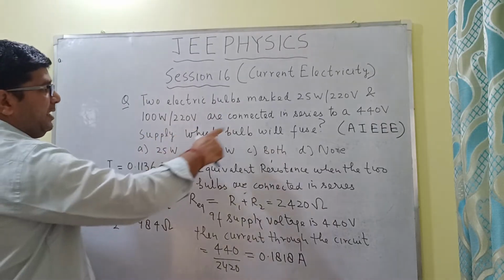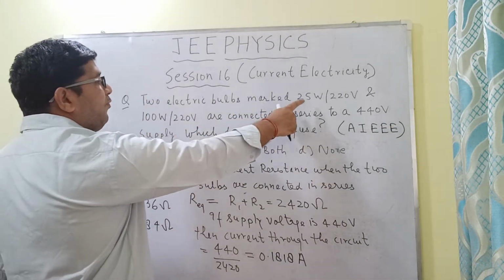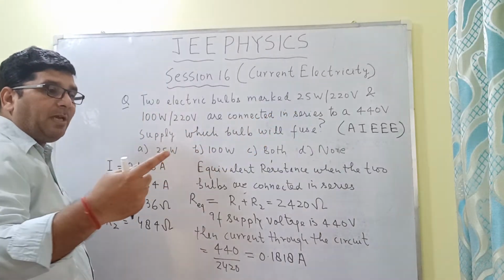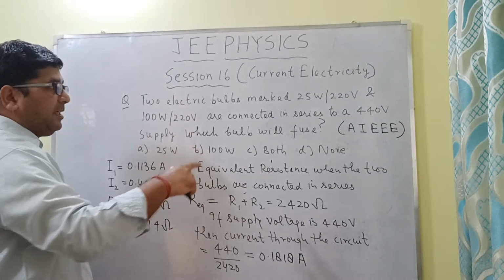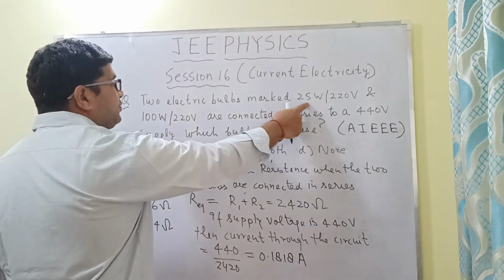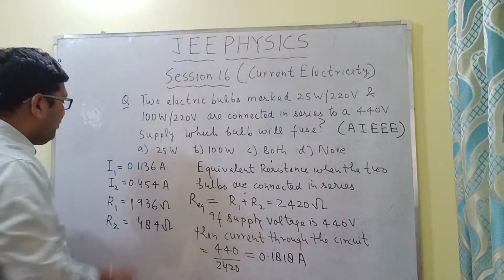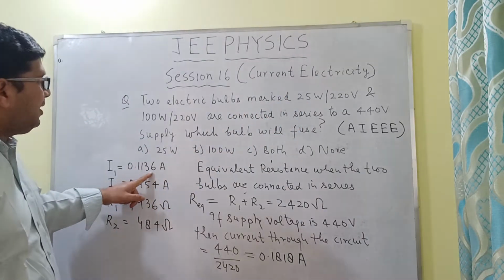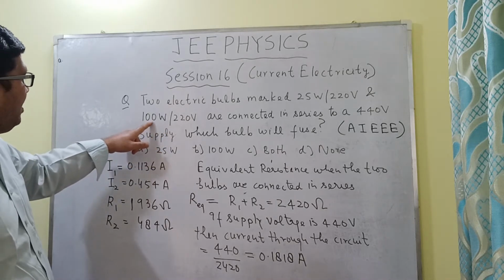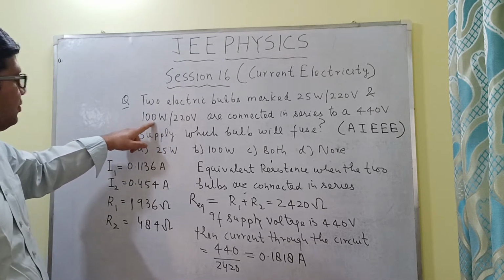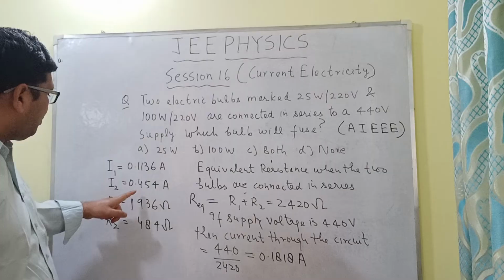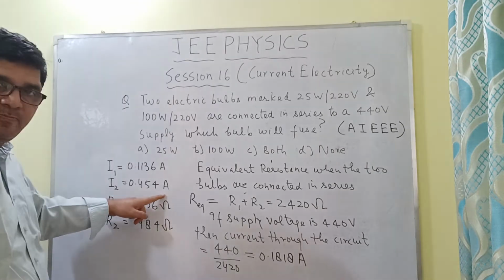So the maximum allowable current which can flow through this 25 watt bulb is 0.1136 ampere, and the maximum allowable current which can flow through the 100 watt bulb is 0.454 ampere.